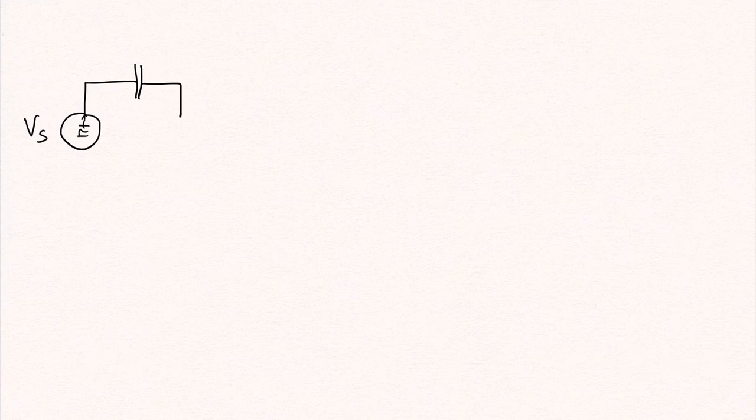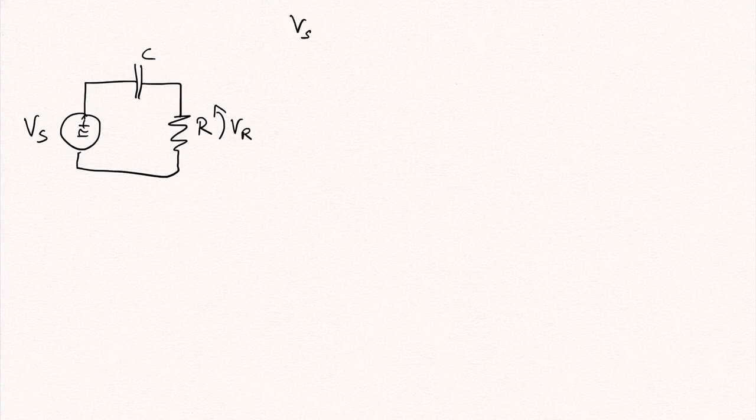To demonstrate this, consider the following example, where we have an AC voltage source which produces Vs, a capacitor, and a resistor. Let's say we want to find the voltage across the resistor, VR. Assume that Vs is already given in phasor domain.